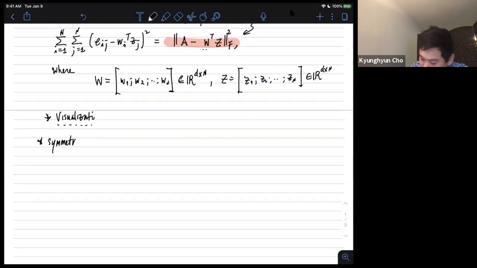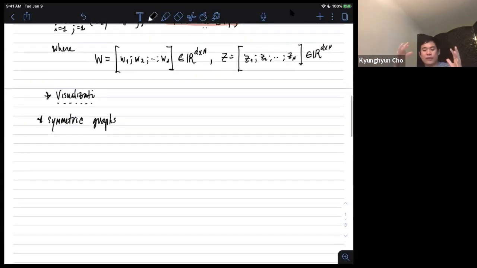Symmetric graphs. If the graph is symmetric, what it means is that each and every edge in this graph is undirected.